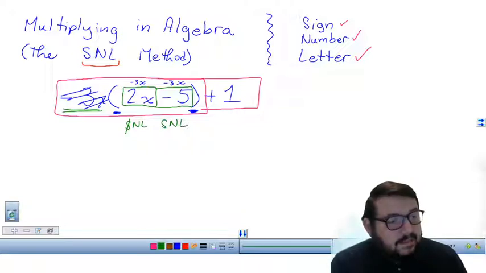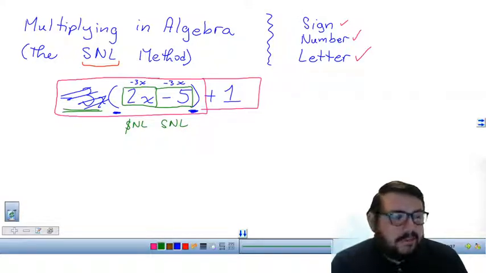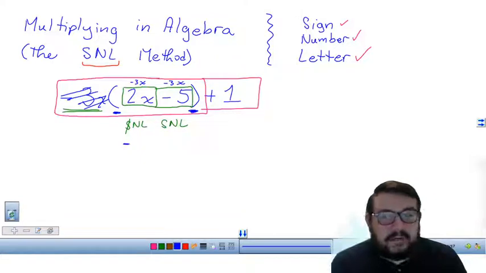This is a negative, and this one's an implied positive. Remember this rule: if they're different, your outcome will be negative. If they're the same, your outcome will be positive. This one is a negative and a positive, so a negative and a positive results in a negative.